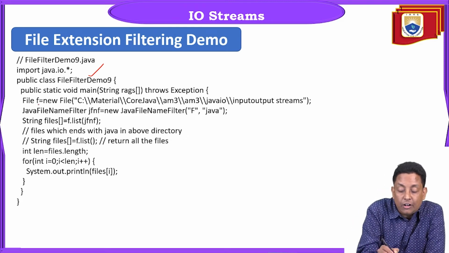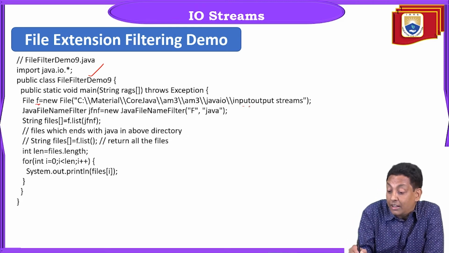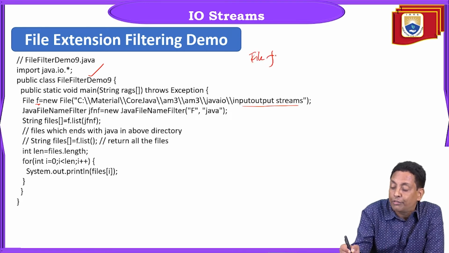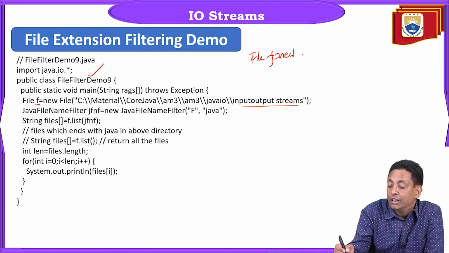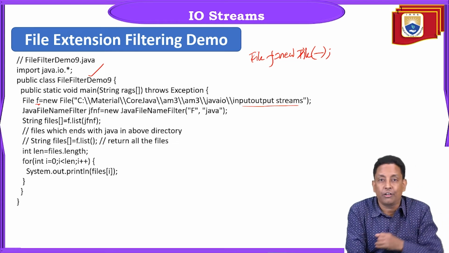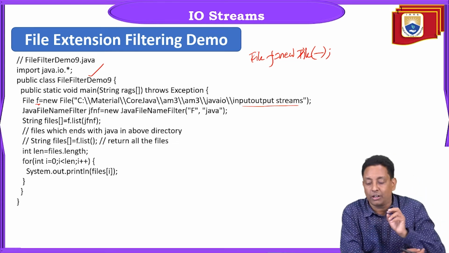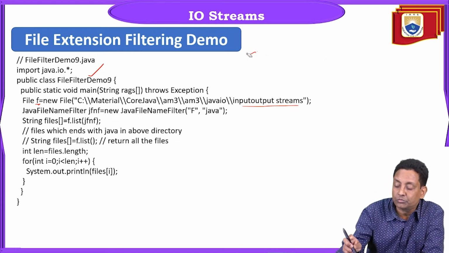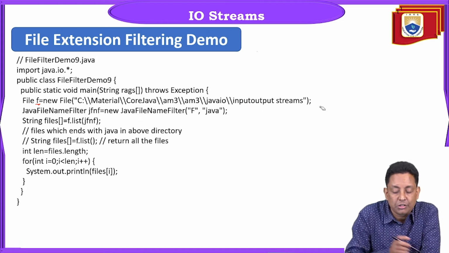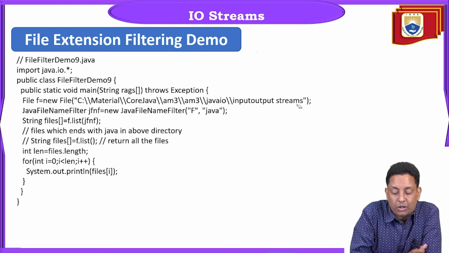The file object is now pointing to a directory, not a file name. In Java, a class called File is given. This File class object can point to a file or it can point to a directory, anyone, anytime. So here the file object is pointing to a directory.